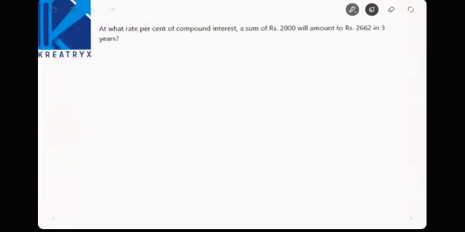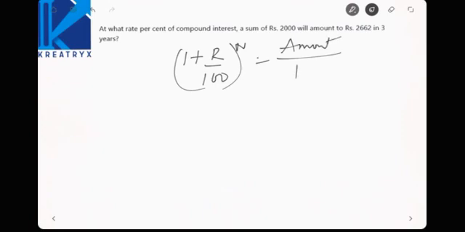Next, at what rate percent of compound interest a sum of rupees 2000 will amount to rupees 2662 in 3 years? See here, this is an easy question, as we have a formula: 1 plus r by 100 whole to the power of n is nothing but amount by principal, right?